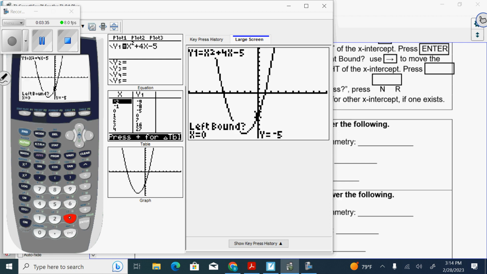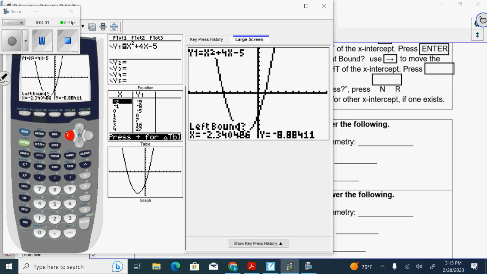Okay, then step number 3 from the list up above. What does step number 3 say? When asked left bound, use the left arrow, right? It says to move the cursor to the left of the vertex. Okay, so you see the thing flashing on your screen? You're going to move it to the left of your vertex.